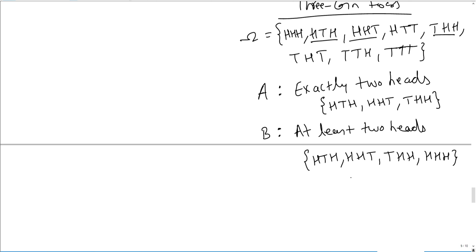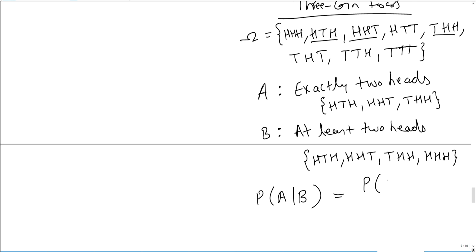Now, let us say you are interested in calculating the conditional probability of A given B. What is the probability of occurrence of event A given that event B has already occurred? Do you remember the formula?